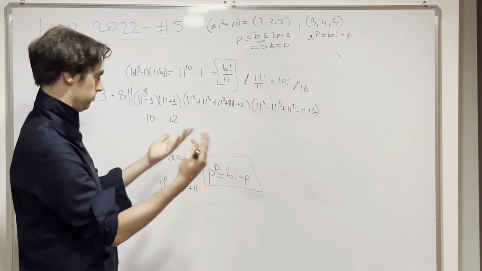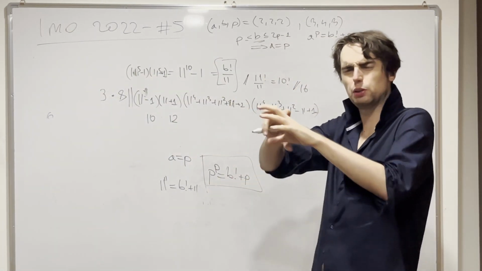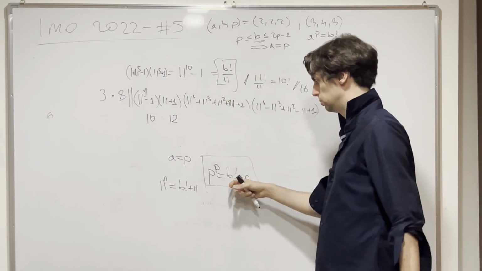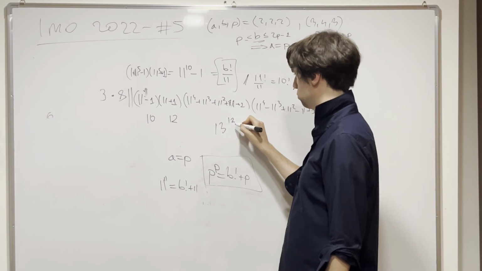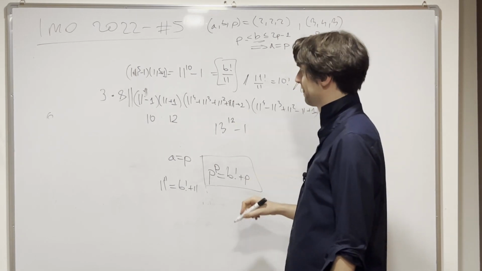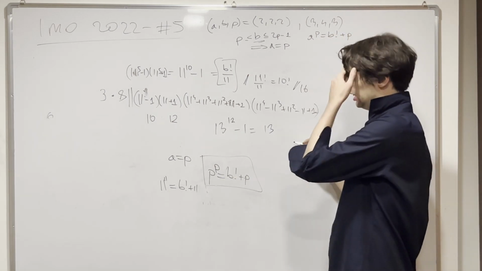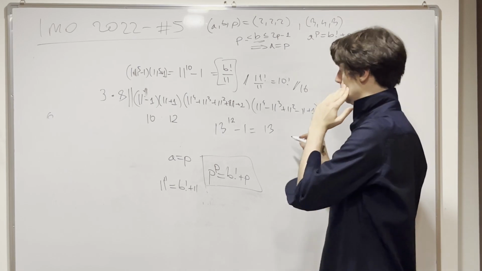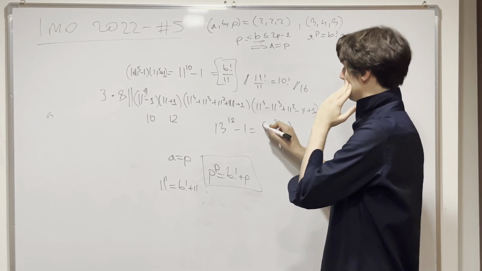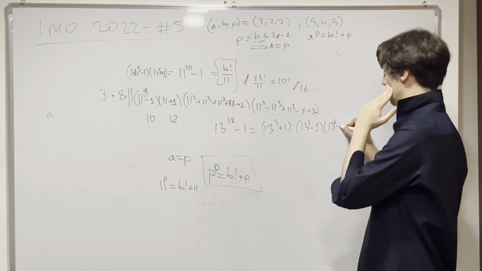So, let's try to play around with this a bit more before we generalize this equation over here. So 13 to the power of 12 minus 1. This is 13. This is 13 cubed plus 1, 13 cubed minus 1, and 13 to the power of 6 minus 1.